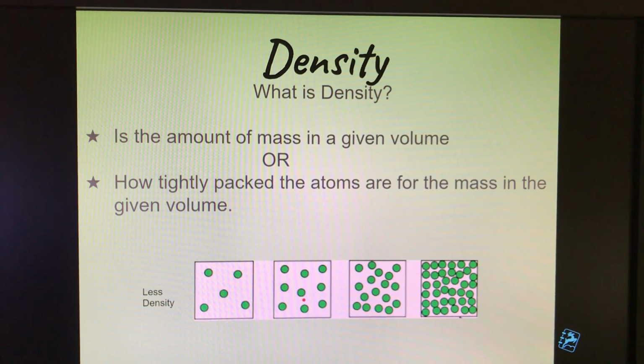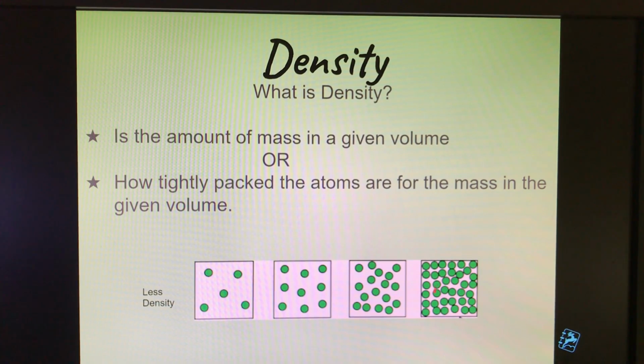As we go up the scale, you can see that the atoms are increasing in number until we come down here to this final object, this final volume. Now what's happening is that the atoms are tightly pushed together. There's very little room for them to actually move around because the volume is the same all the way across.